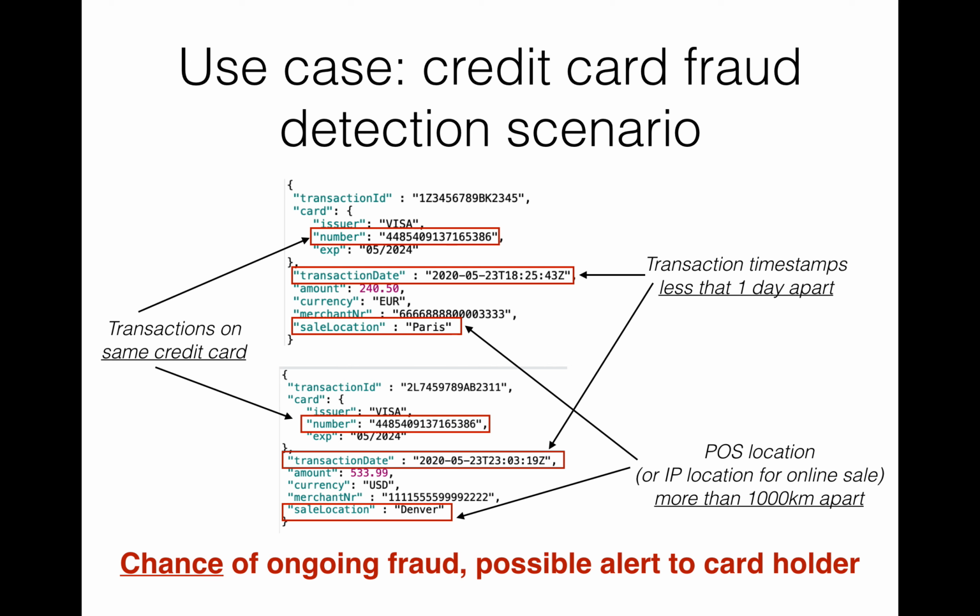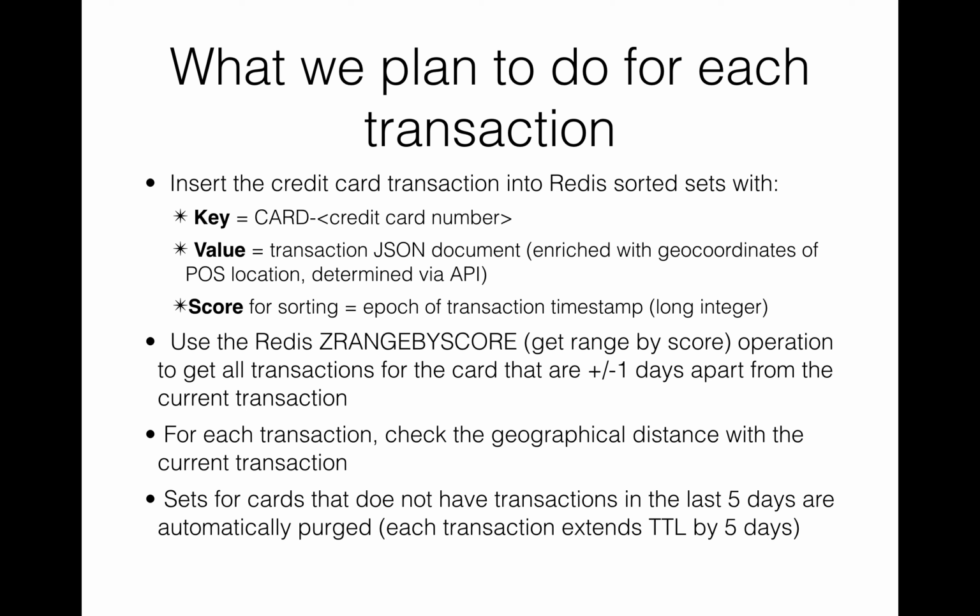So we're going to use as input this simple JSON document. So we assume we feed into our Mule application this kind of document. What we want to do is that whenever we receive one JSON document for a new transaction, we insert it into Redis as a sorted set whose key corresponds to the credit card number with a prefix card dash.